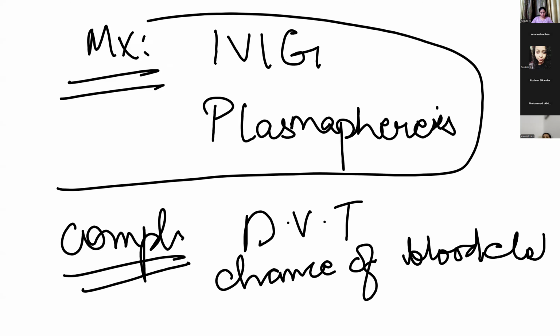Ma'am, what is IVIG and plasmapheresis? Plasmapheresis is a procedure in which the antibodies are removed from the blood.